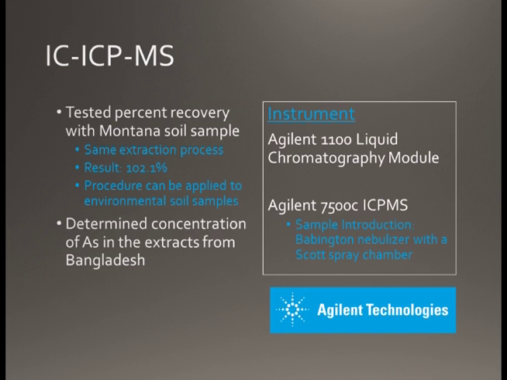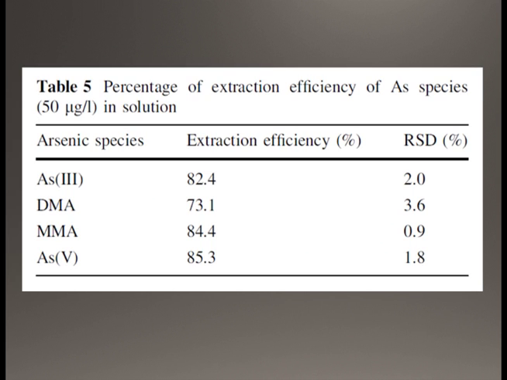These instruments coupled together are the most often used hyphenated systems for speciation analyses. When the 4 standards were tested for their efficiency, they got an extraction efficiency ranging from 73 to 85%, and that's what we can expect to get when applied to our environmental samples.